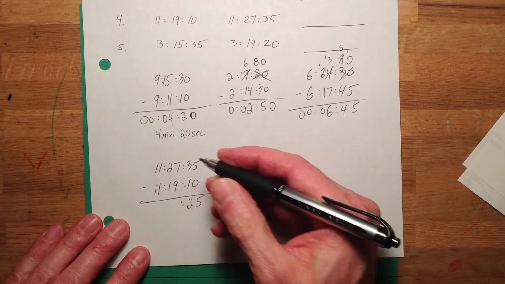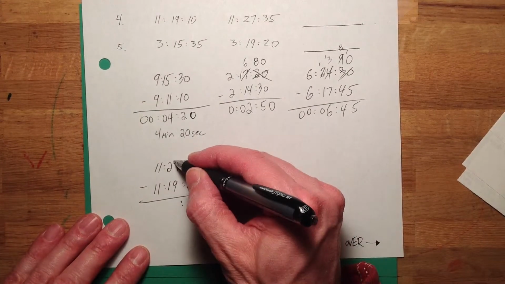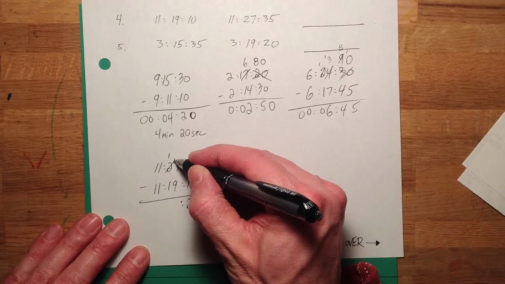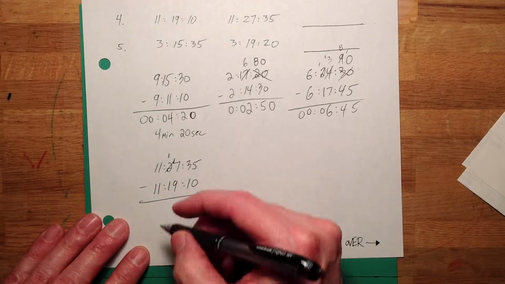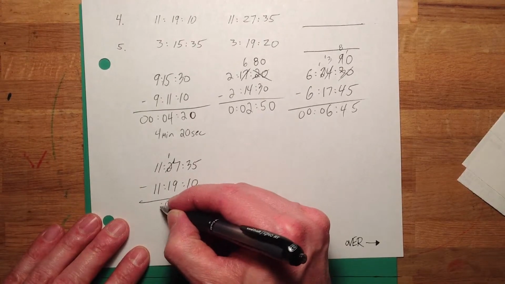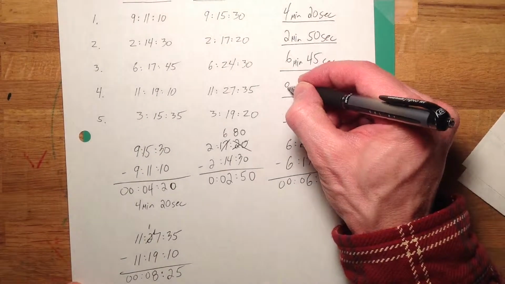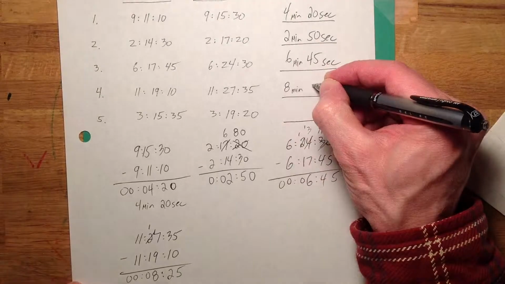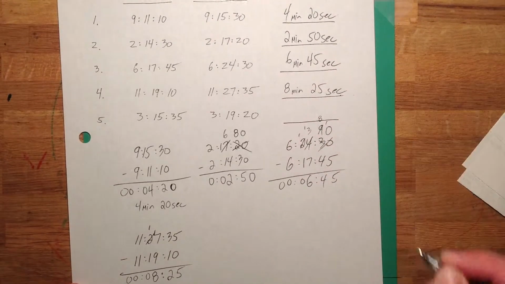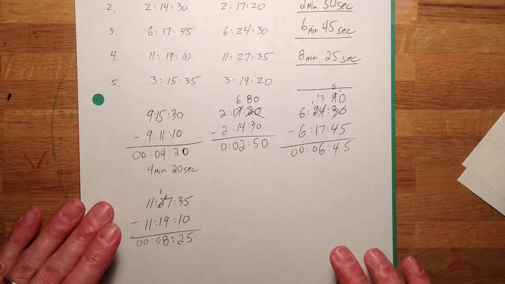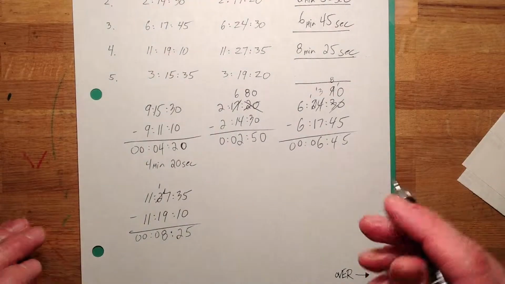And I can't take 9 from 7, so I'll do my regular borrowing the way you've always done it. 17 minus 9 is 8, and that's zeros. So that one right there, number 4, is 8 minutes, 25 seconds.